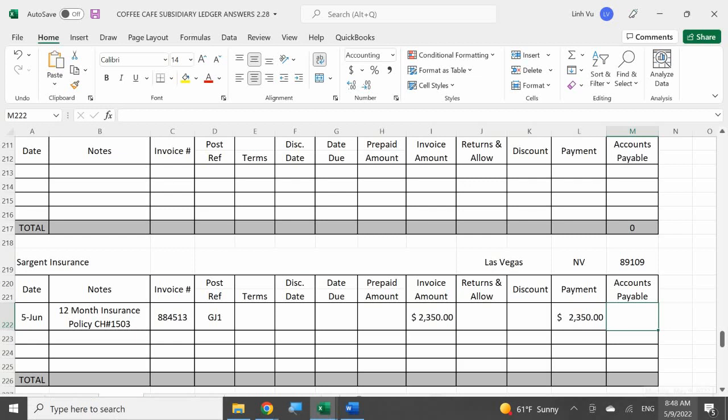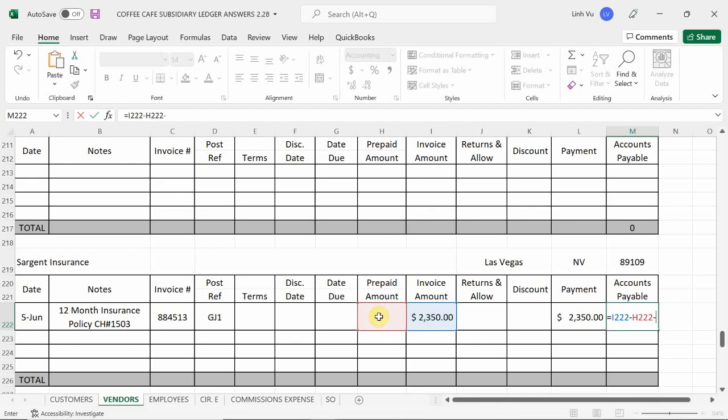Right? You're always going to start with your invoice amount. Things that decrease your invoice amount are going to be any prepaid, any returns or allowances, any discounts, and any payments. So in this case, you should be at 0. So let's do that formula one more time. It's going to be invoice amount minus your prepaid, minus your returns, minus discounts, minus payments.